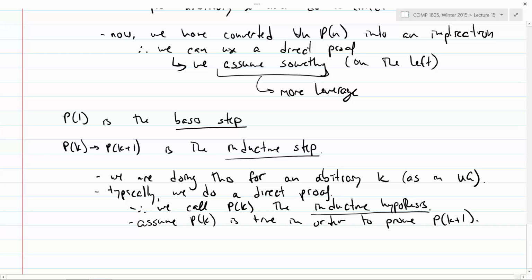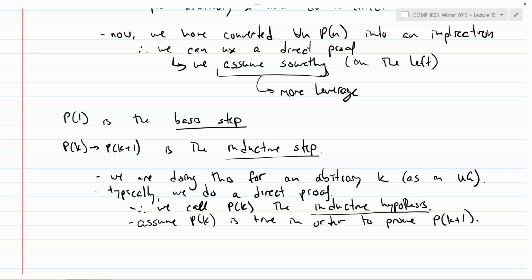One thing I need to stress here is that we're not assuming that P(k) is true for all positive integers. That's not what we're doing. We're assuming that P(k) is true for some arbitrary integer, but we don't know what it is. So that's different from assuming it's true for all positive integers.